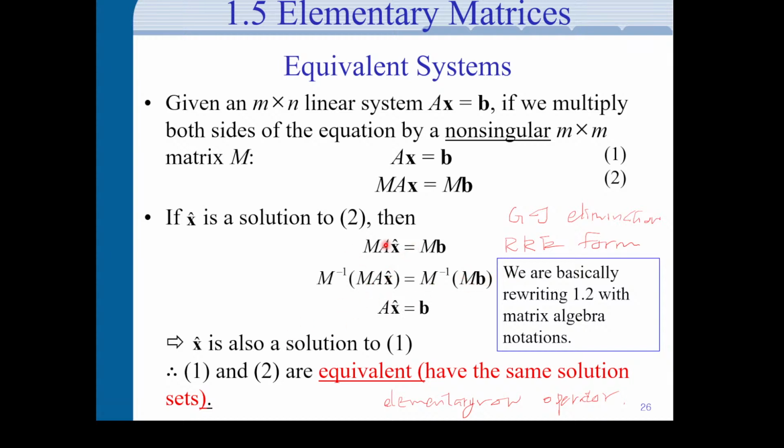So something that is a solution to this is also a solution to Ax equal to B. So we see that x is also a solution to 1. And so we see that if M is invertible, then the solution set to 1 is equal to the solution set to 2.